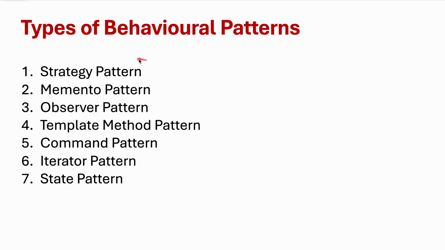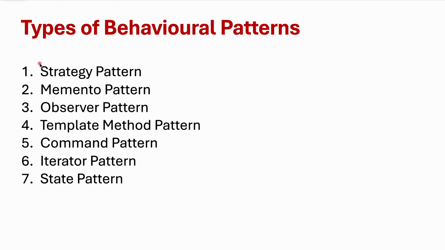So what are the types of behavioral patterns? Strategy, this is one of the most important patterns, and personally, given the kind of work that I do in my organization and the kind of features that I work on, I use the strategy pattern a lot.